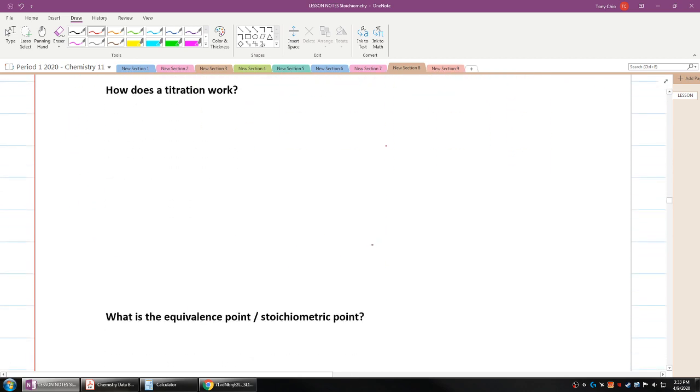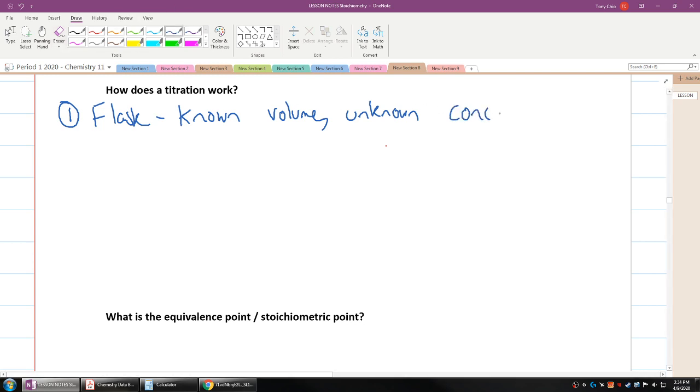Now, how does a titration work? Well, in this case, you have a flask. The flask has a known volume but an unknown concentration. It's what you're trying to find the concentration of. You have a burette, which has a known concentration, and eventually you're going to add it into the flask.